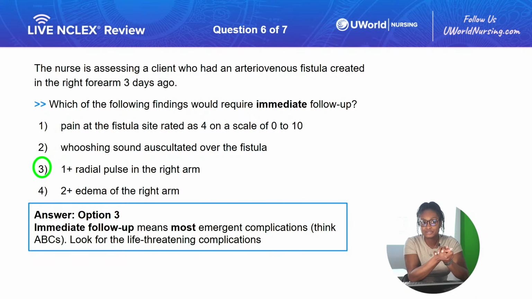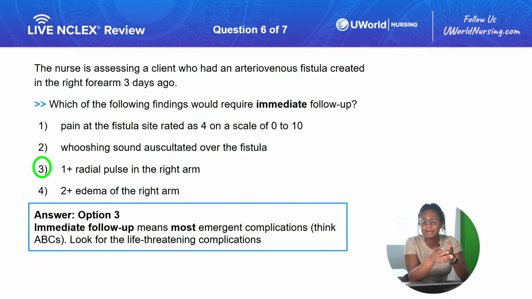But option 3, 1+ radial pulse in that right arm. With an AV fistula, you want to have full bounding or at least normal circulation or pulses felt distally from the fistula. It still should be intact, so that 1+ would be considered weak and thready, which is something that we don't want.